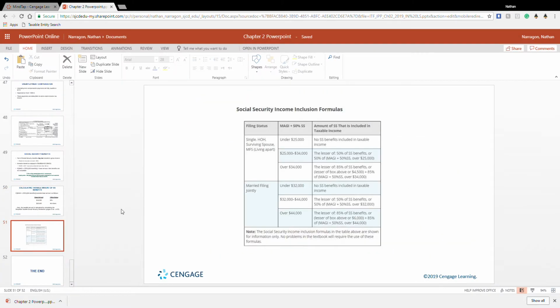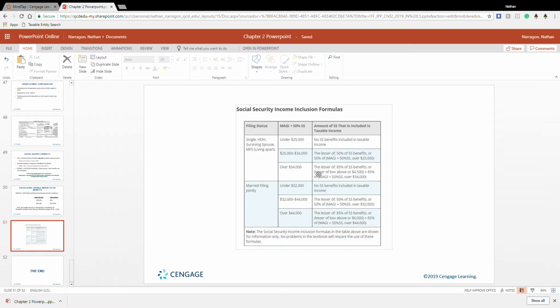So, last little part, because I know this video is running long. Social Security income inclusion formulas. Right here we have single, head of household, surviving spouse, and married filing single. Again, under 25,000, we don't have to worry. 25,000 to 34,000, the lesser of 50% of Social Security benefits, or 50% of MAGI plus 50% over 25,000.